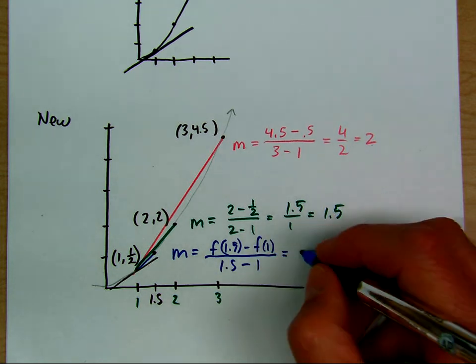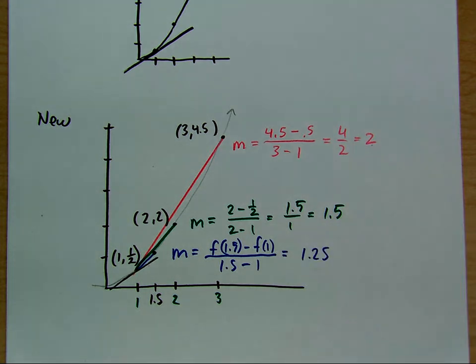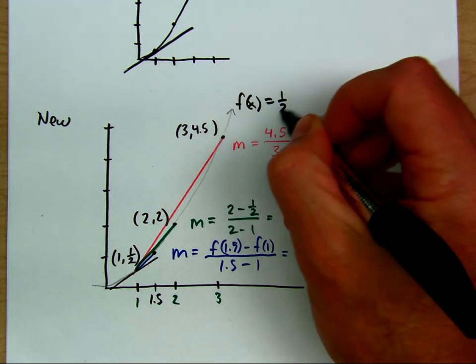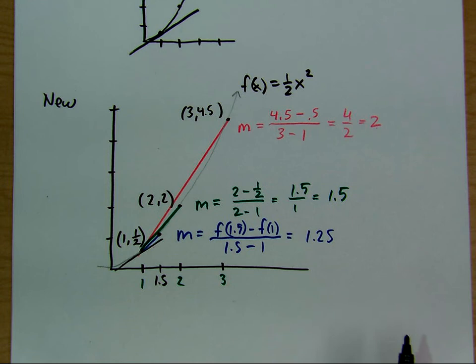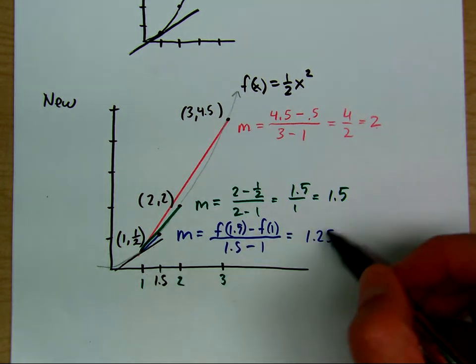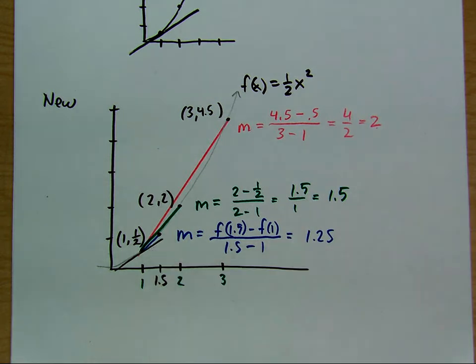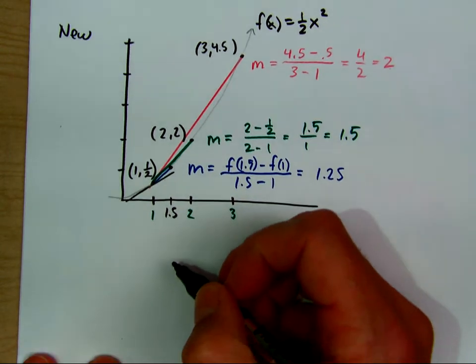And that's going to be 1.25. So we have f of x is 1/2 x squared. And as we move closer and closer to 1, as the x value approaches 1, the slope is approaching the actual slope of the tangent line. We can get closer. Let's make a table.